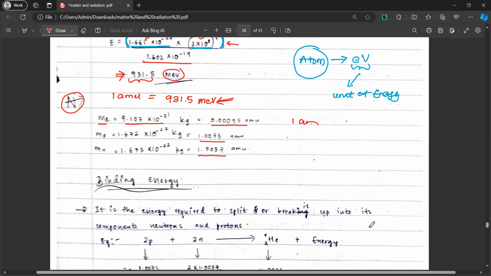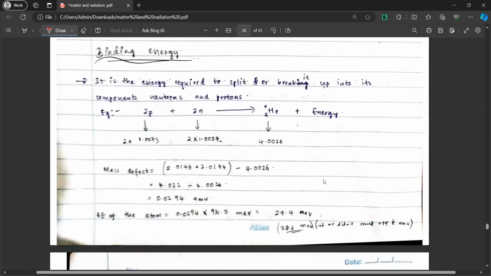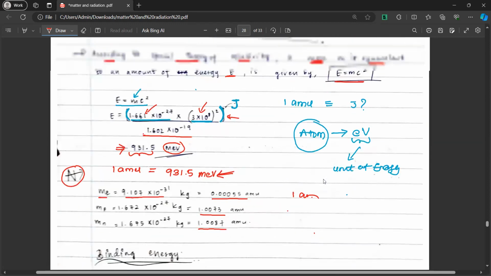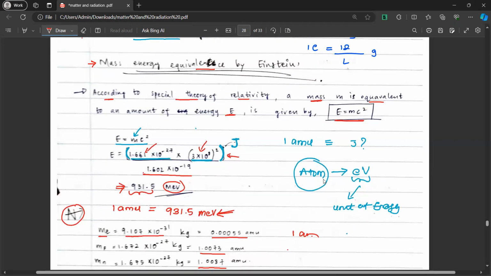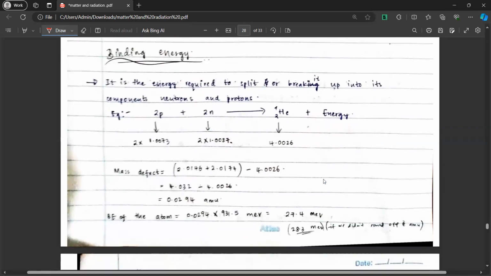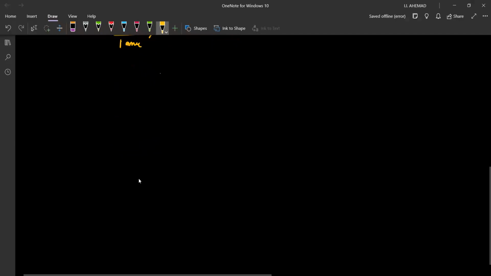So now let's move on to the most important idea that we are going to discuss, based on Einstein's mass equivalence. A simple question: what does helium's nucleus consist of?